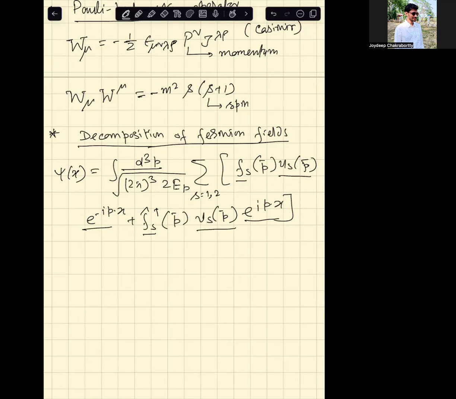Agreed? And when I'm talking about creation and annihilation, we also have to remember that because they have spin, any arbitrary spin creation cannot be equivalently written as an annihilation operator of the antiparticle. They should have the similar kind of spin. That's why there should be a spin tag with the creation and annihilation field operators.